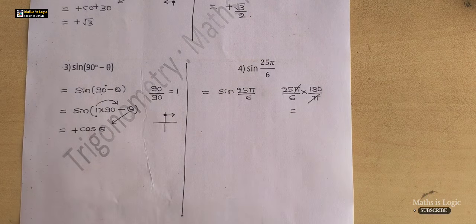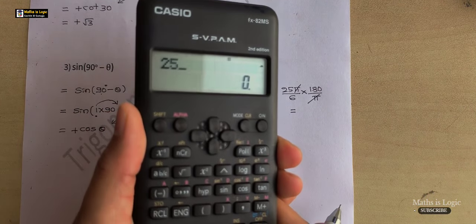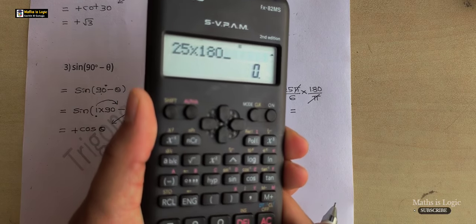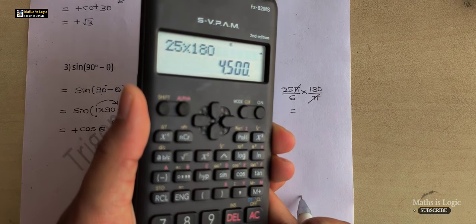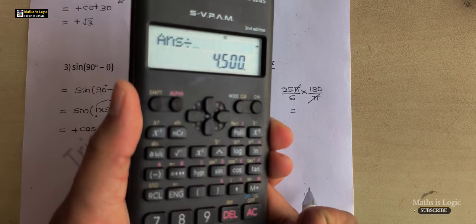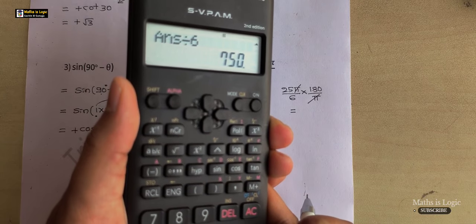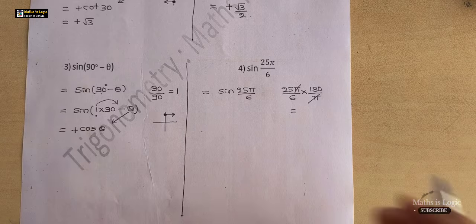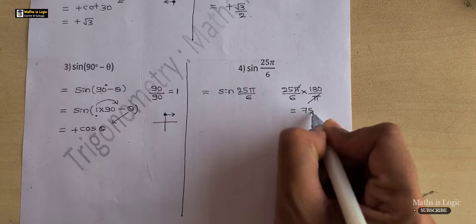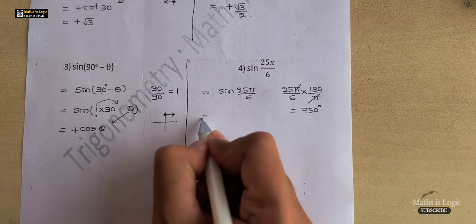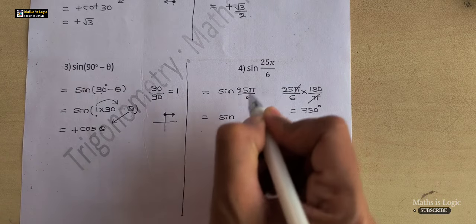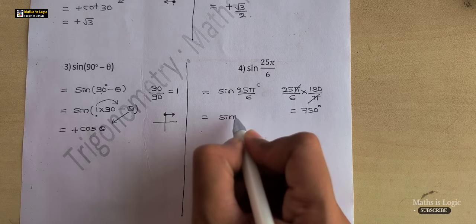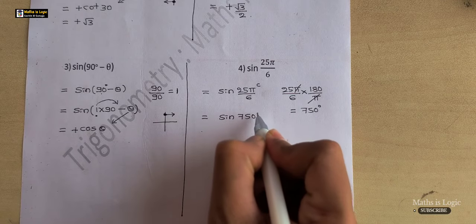Now multiply 25 into 180 divided by 6. How much? 750 degree. So first step, convert this radian into degree, 750.